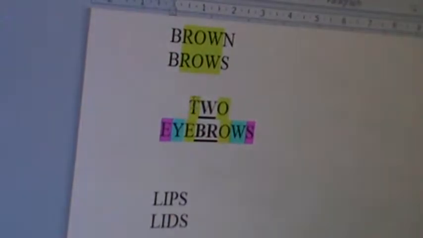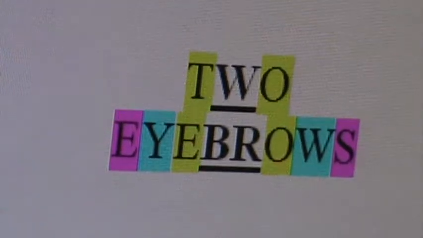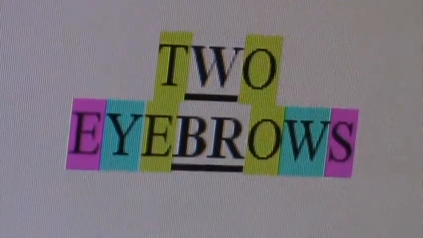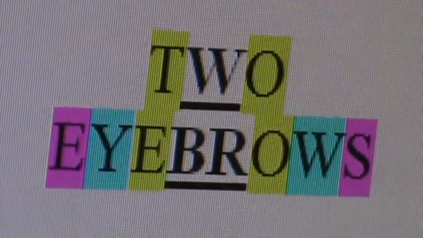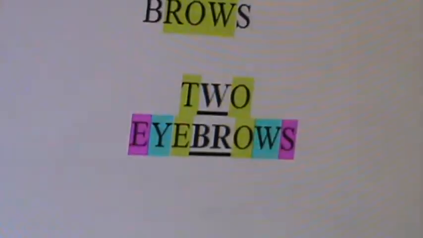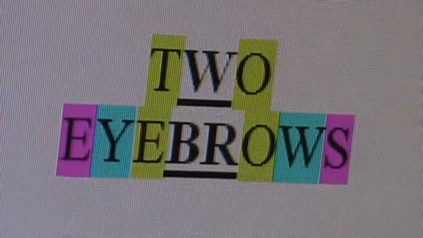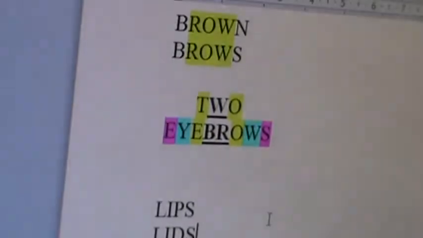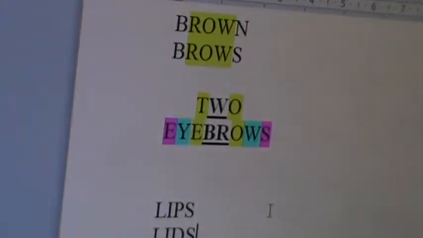Okay, so you have two eyebrows. You have two of everything. You have two eyebrows to the glory of the great I am. I am in the word two. I am in the word eyebrows. Woo! Fun stuff.